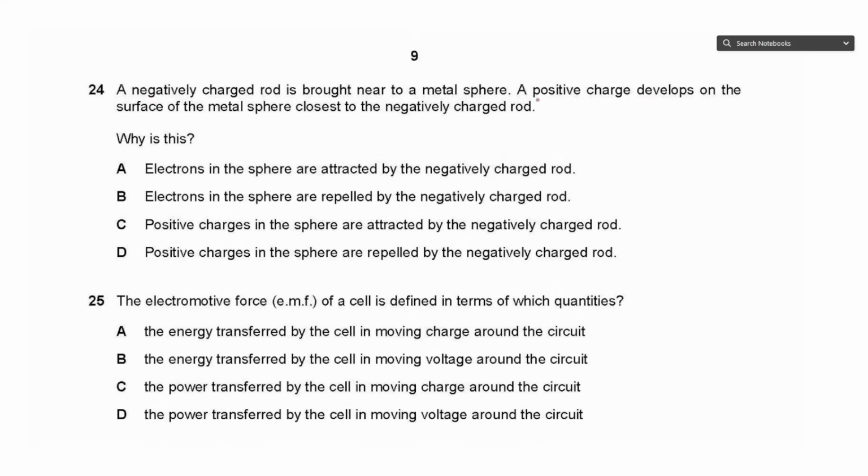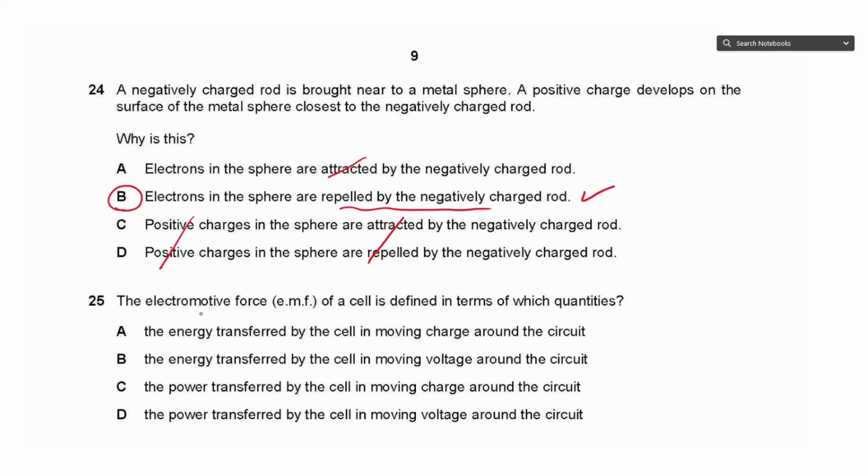A positive charge develops on the surface of the sphere closest to the negatively charged rod. Why is this? Electrons in the sphere are attracted by the negatively charged rod. No, electrons should be repelled. Electrons in the sphere are repelled by the negatively charged rod. Yes. Positive charges do not move, so it is not C nor D. So the answer here is B.